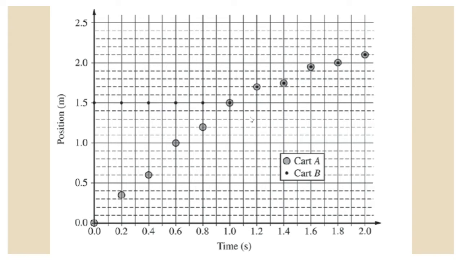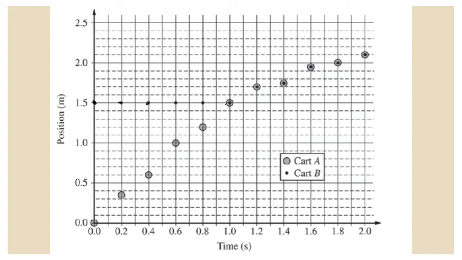So you can see here over in the key on this side of the page, we've got cart A with its position measurements indicated by these large dots. Cart B represented by these small dots over here.